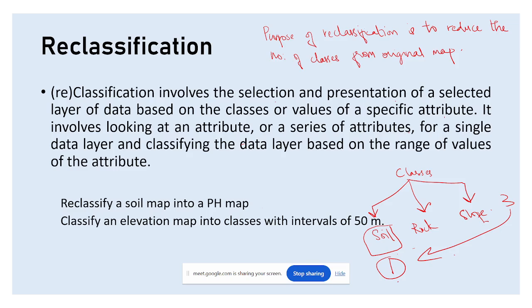But instead of looking at it in a wholesome manner, if you have to just look at the elevation in terms of 50-meter intervals, then you can classify it accordingly. Then it will become intervals of 50, like 0 to 50 meters, 50 to 100, and 100 to 150. So it goes on until there.